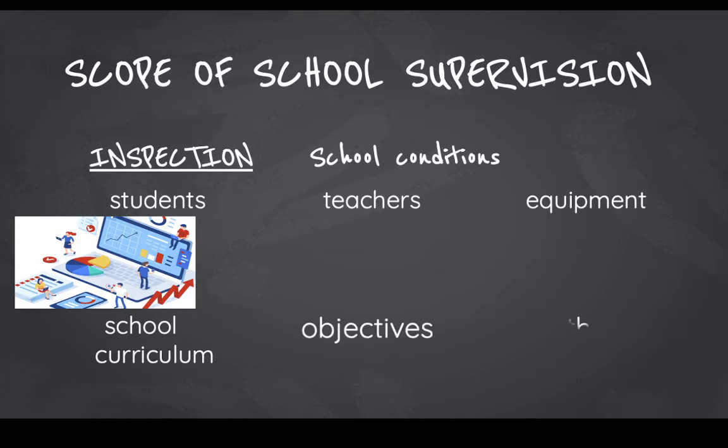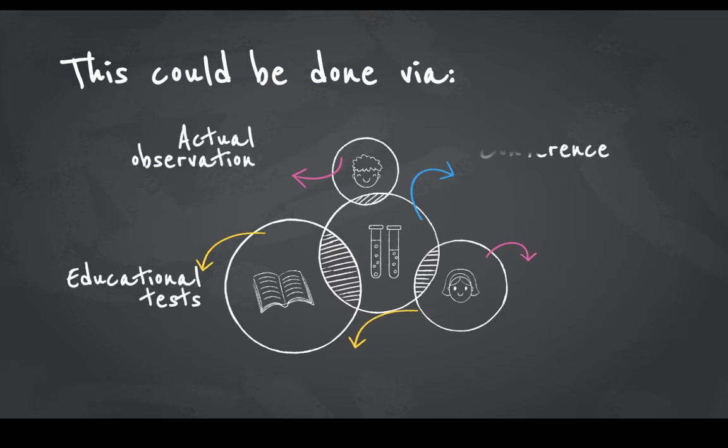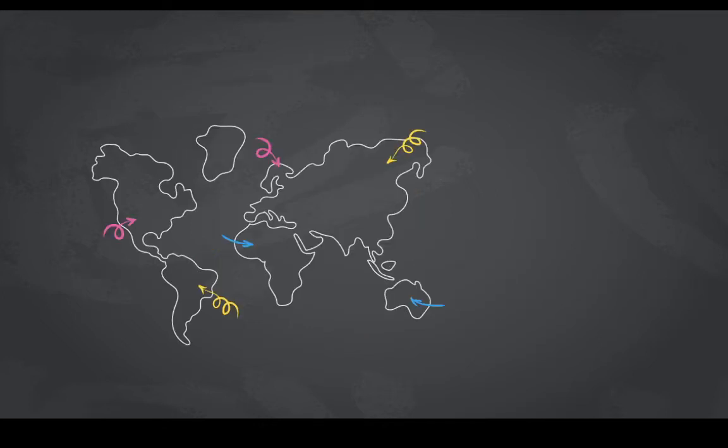So, we can say that school supervision can be done via number one, actual observation, educational tests, conference, and lastly, through the use of questionnaires.